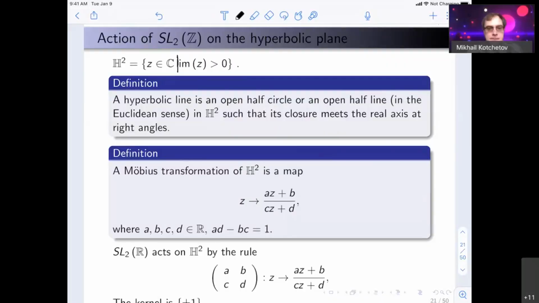To continue today, last time I was talking about Bass-Serre theory. We were talking about amalgamated products of two groups, and showed that if a group is an amalgamated product, then it acts on a tree.